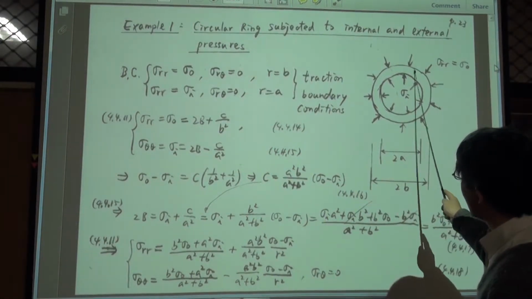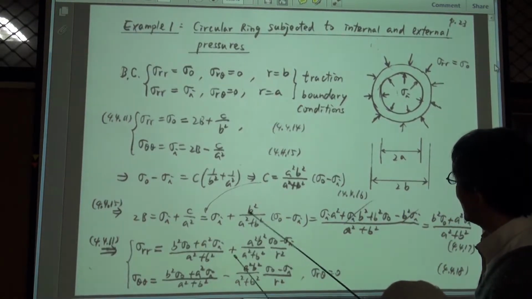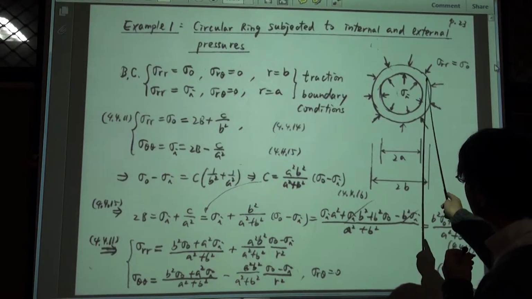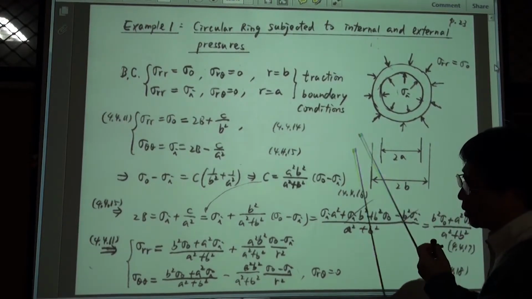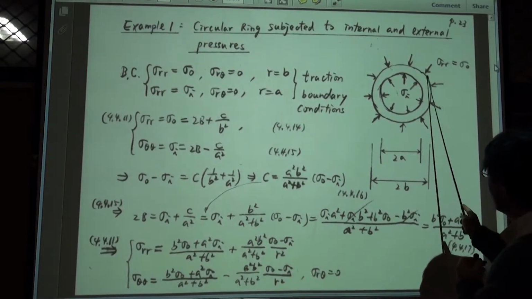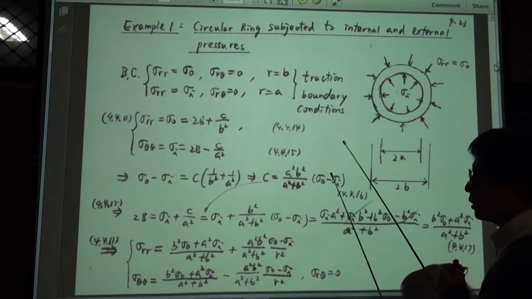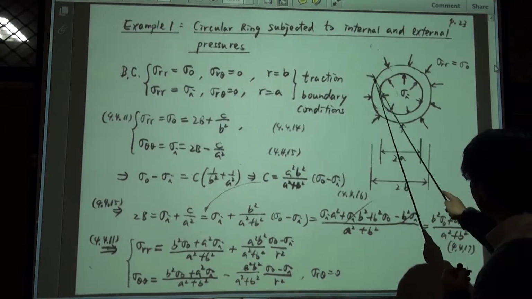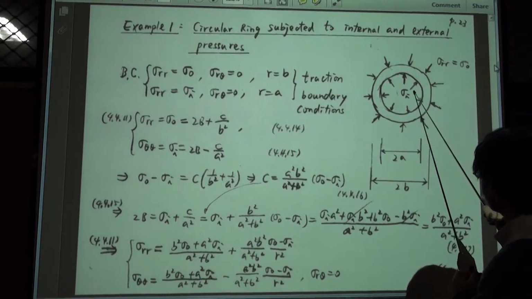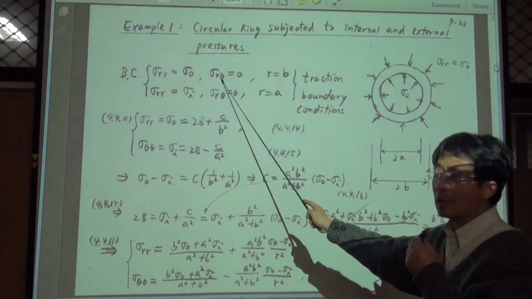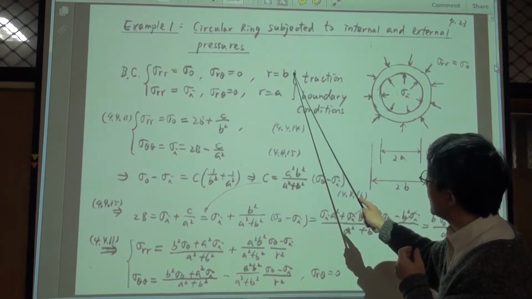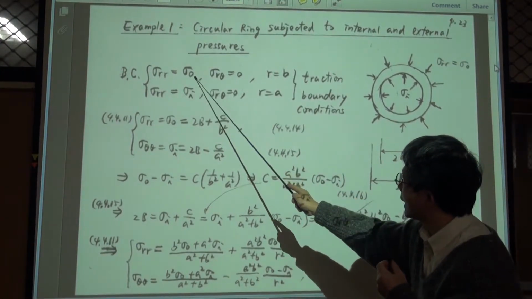We have already explained this example before. A circular section, maybe a water pipeline, the cross section of a water pipeline buried under the ground. So outside we have the soil pressure, inside we have the water pressure. This condition is written like here. At r equal b, we have the pressure like this.